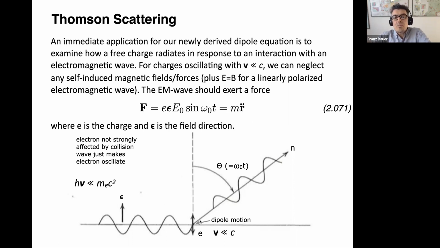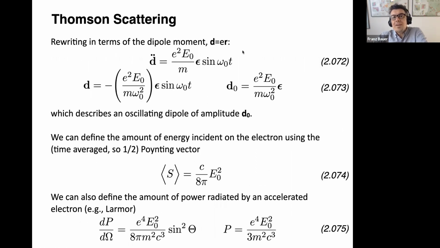And then at some point in time, as this thing is oscillating, it's going to radiate away a photon. If it accepted this radiation, it changed and gave it an impulse or an acceleration, a force here. And so now it will change its electric field and radiate that away. So we can think about this in terms of our dipole moment again. And so we have D equals just R times our charge, which is the electron.